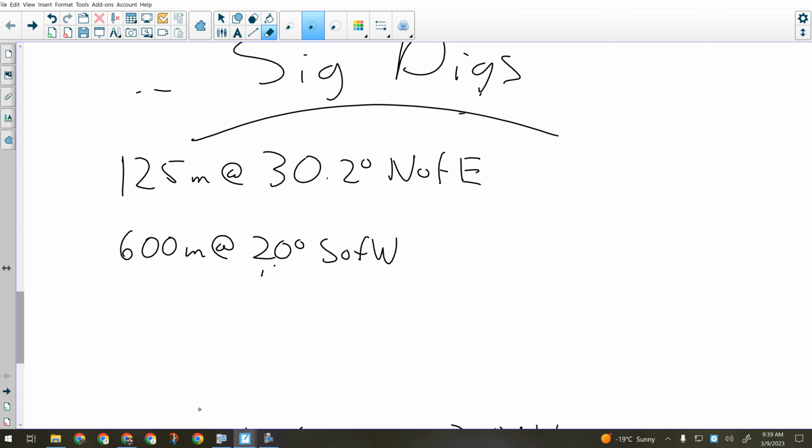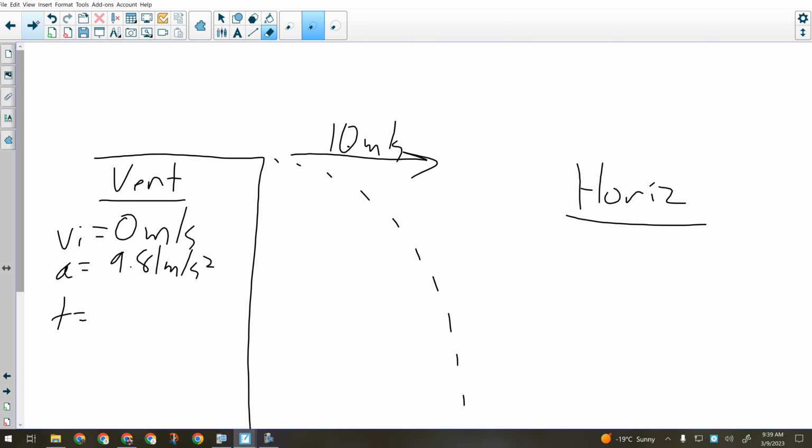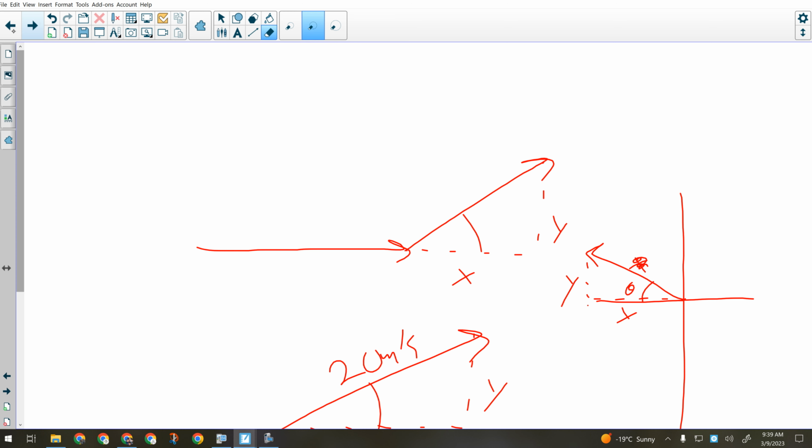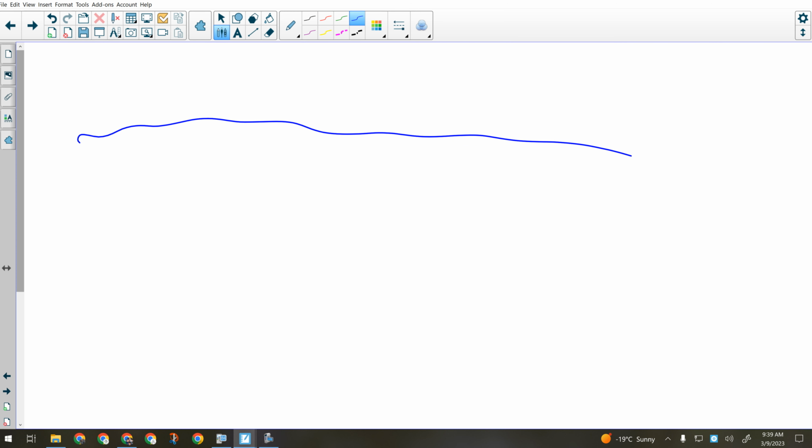Okay, a going across boat question. I guess I don't have a going across one. All right, let's look at a going across one. Okay, so.